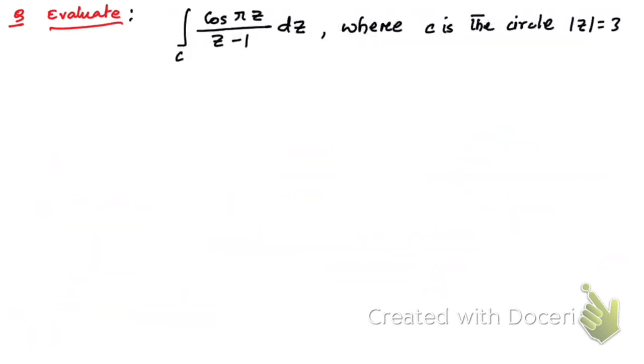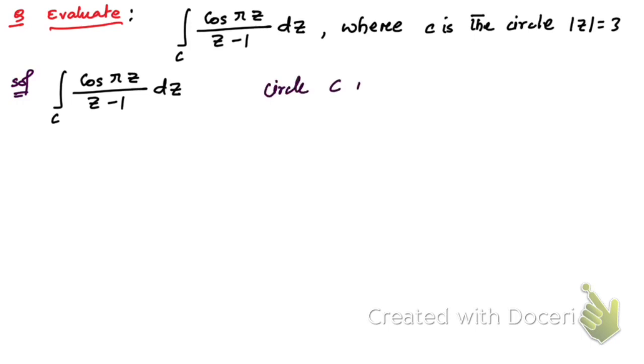So here is the next question. Let me write the solution here. This is what we need to evaluate, and the circle C is mod of z equal to 3. So let's make the circle.